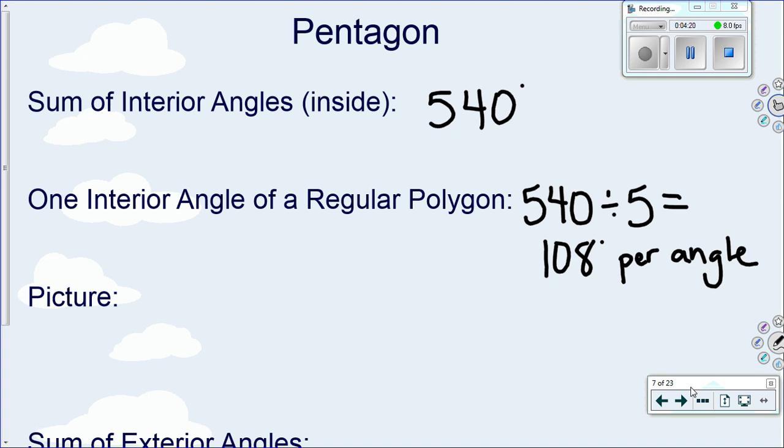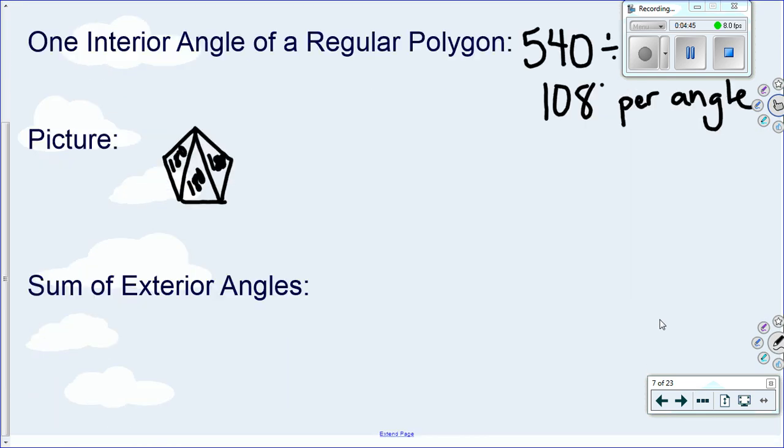A picture of this: there's a pentagon. If we wanted to break this into 3 triangles, we can. And we know 180 degrees in each triangle, which is why there is an interior angle sum of 540 degrees. Also, when you find the sum of the exterior angles, they always equal 360 degrees.